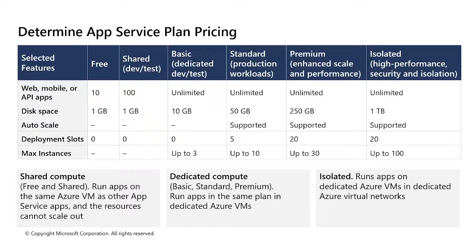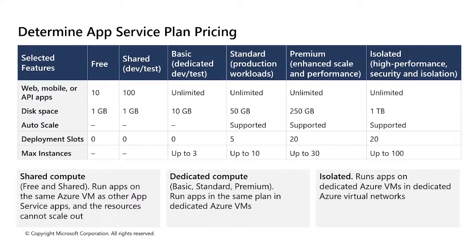Then we have the standard production workload, where the auto scaling option is now supported with 50 GB space, unlimited applications being deployed in there, and you have up to 5 deployment slots that you can create.